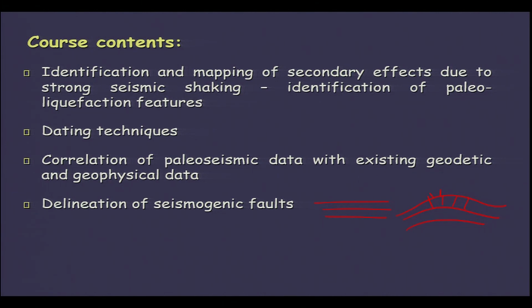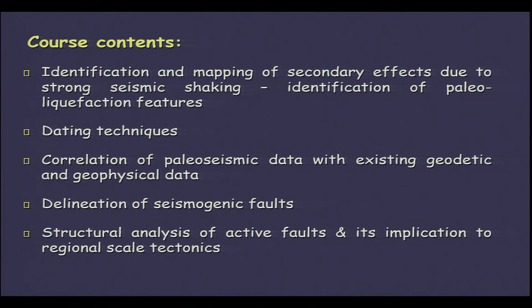Of course, these tensional cracks may show displacement, and any fracture which shows displacement will be termed a fault. But these fractures or faults will not be considered seismogenic faults. Seismogenic faults will be the deeper faults which are connected with the deformation taking place in the deeper part of the crust, and they are the centers which will trigger the major large magnitude earthquakes.